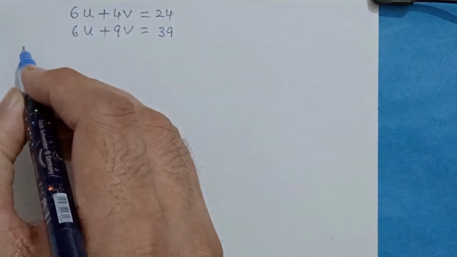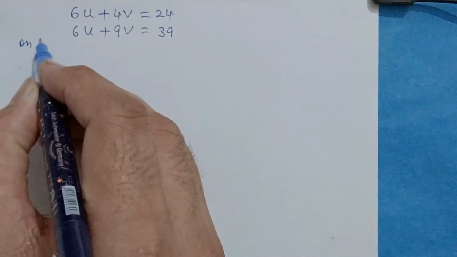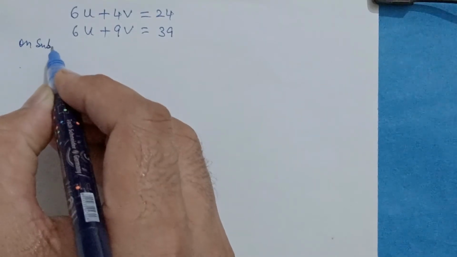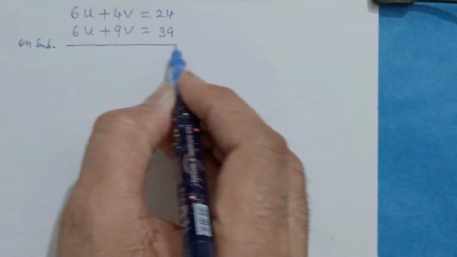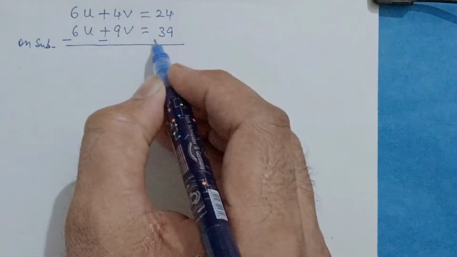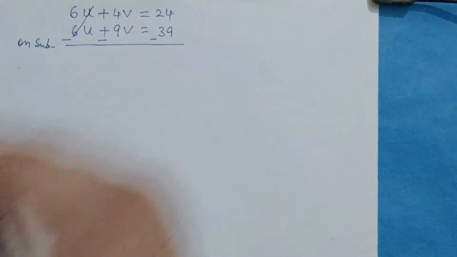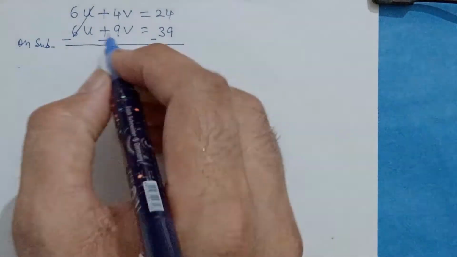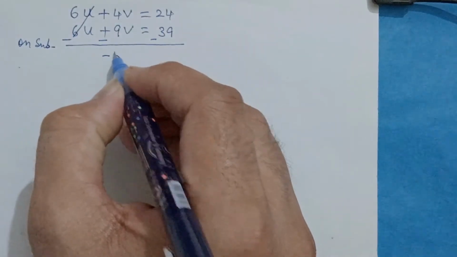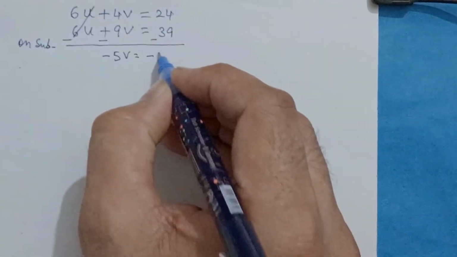Now on subtracting, change the sign: minus, minus and minus. So 6u minus 6u gets cancelled. This is minus 5v and it is minus 15.